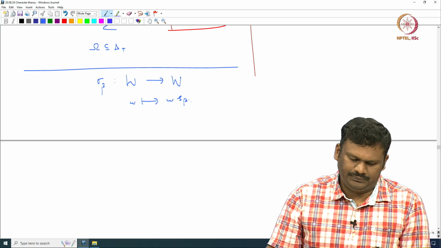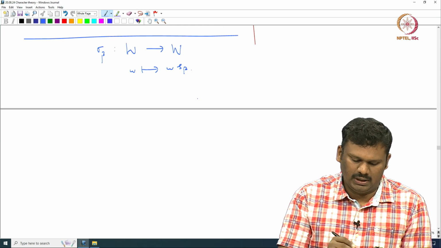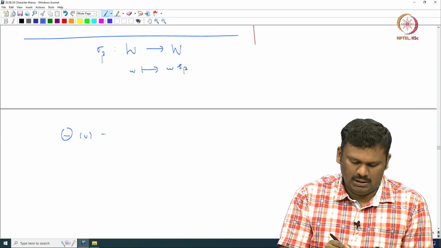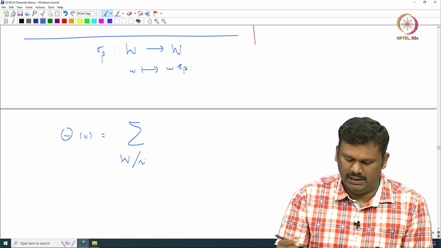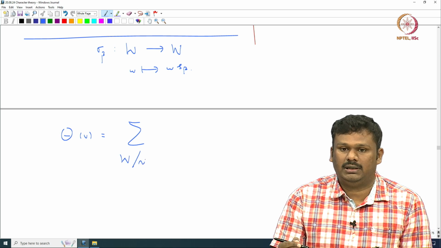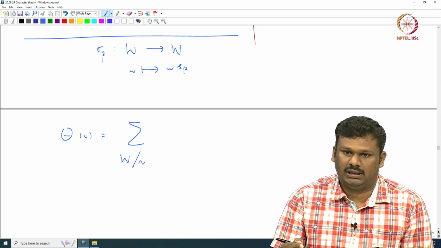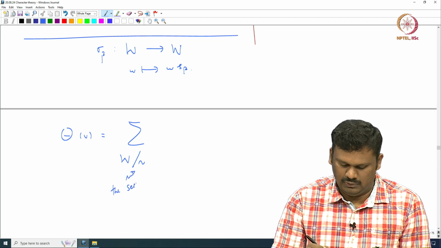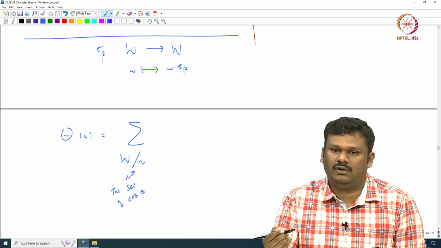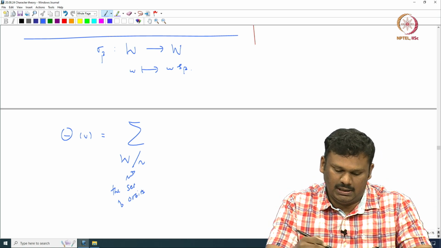So, now how can one write theta of V? Theta of V can be written as summation over W mod tilde, where W mod tilde is the set of orbits. Because they are the set of orbits, you can choose the representatives.